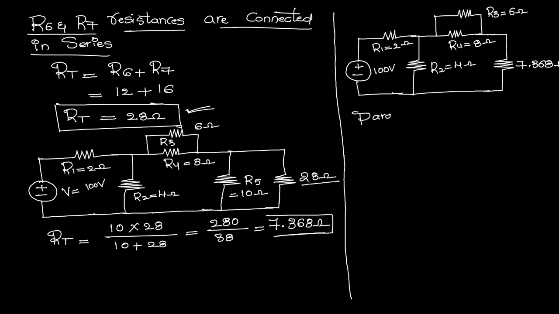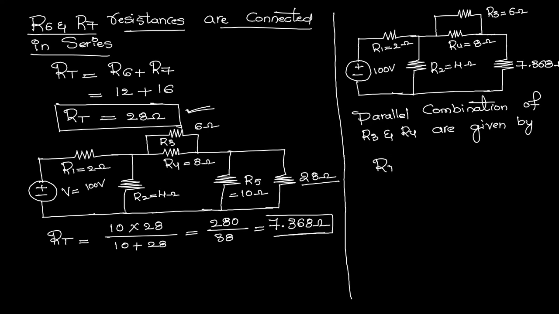So here the total resistance of the parallel combination of R3 and R4 is given by the product of R3 and R4 divided by R3 plus R4, that is equal to R3, which is 6 ohms, into R4, which is 8 ohms, divided by 6 plus 8.